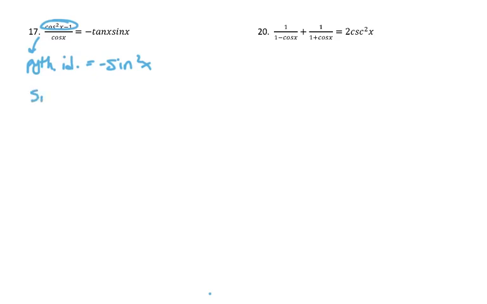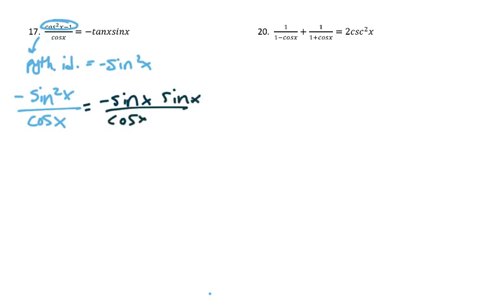So our numerator gets to be negative sine squared of x over the cosine that was there. If we take the time to expand it, we end up with a negative, a sine over cosine, which of course is tangent, and then a sine. And so our answer is negative tangent of x, sine of x.